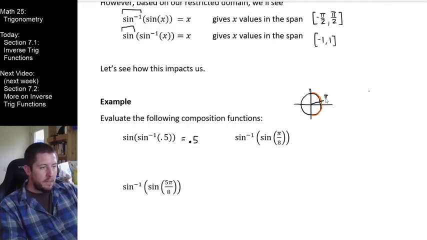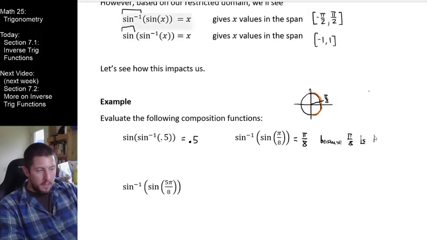So because this is part of the acceptable span for sine inverse, we're essentially just canceling sine inverse of sine and we're getting back pi eighths. And the reason that worked is because pi eighths is in the interval negative pi halves to pi halves.